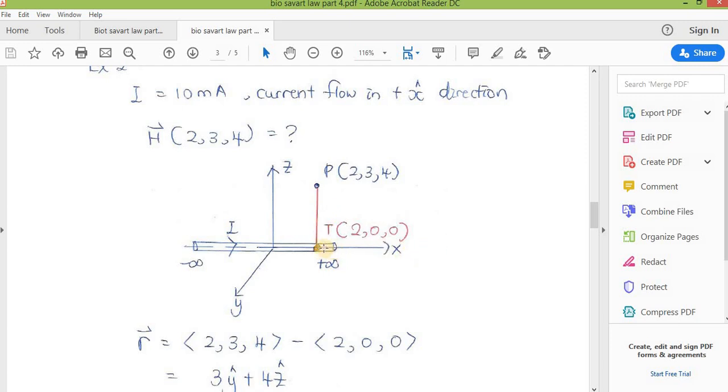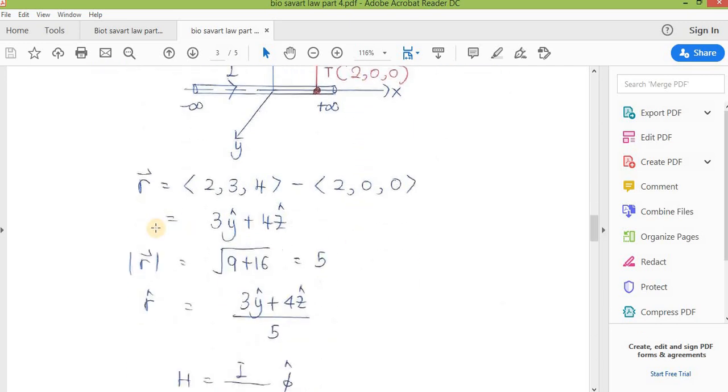Point T is located along the current filament, which has y and z coordinates equal to 0, 0. For the x coordinate, I take the same coordinate as the observation point, which is 2.